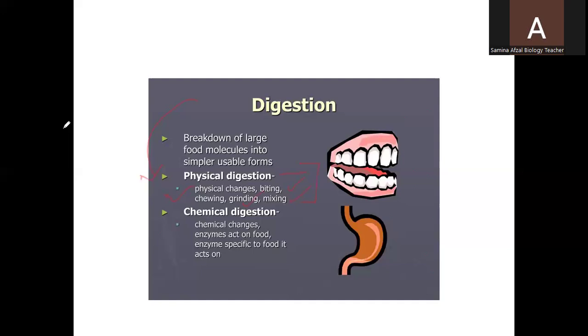All these are different types of physical digestion in which the larger molecules are broken down into smaller molecules. The other type is called chemical digestion, in which enzymes are used to break the larger molecules into simple molecules. We will discuss all types of digestion in this part.